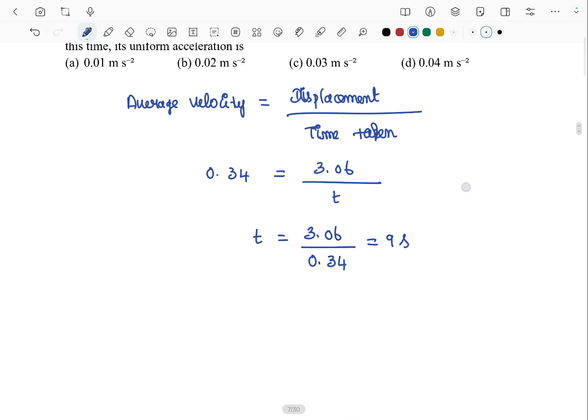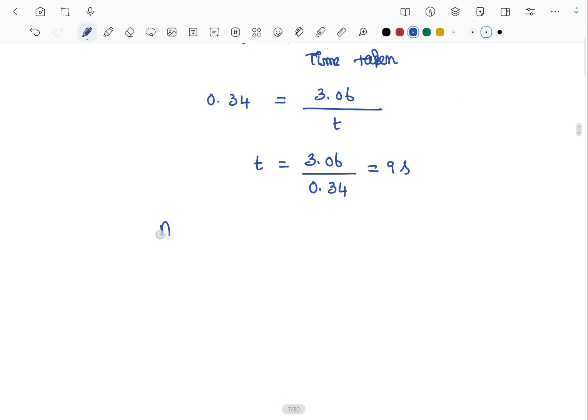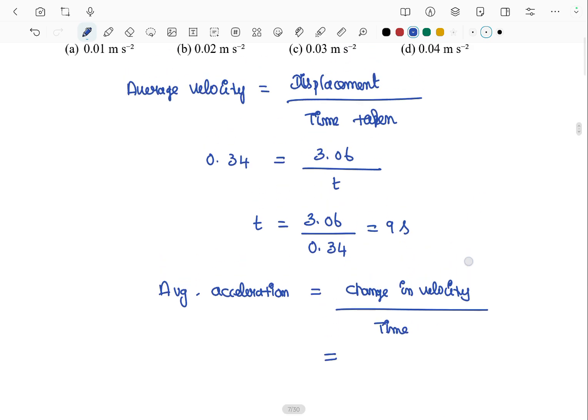Now we need to find what, according to the question, is the average acceleration. Average acceleration is change in velocity by time taken. What's our change in velocity here in the question?